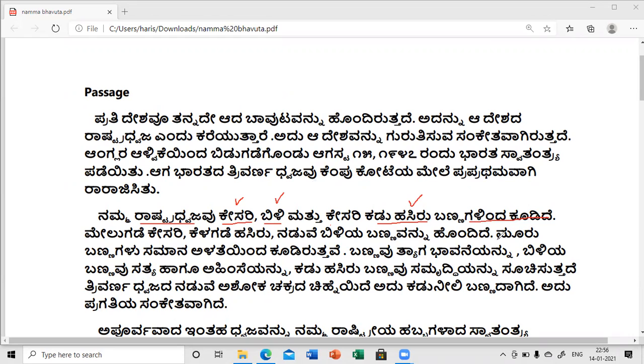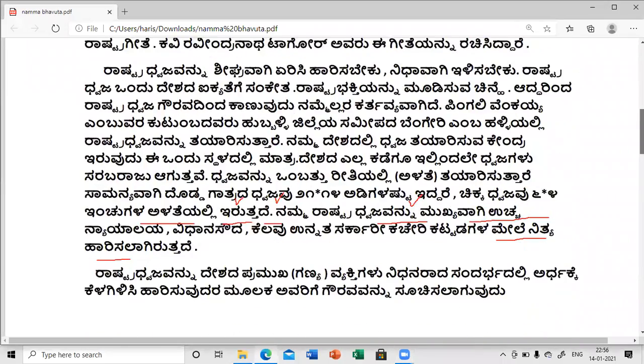And in order to justify your answer, you have some more source that can tell you that the answer is three. ಮೂರು ಬಣ್ಣಗಳು ಸಮಾನ ಅಳತೆಯಿಂದ ಕೂಡಿರುತ್ತವೆ. So that means it is only three as the answer that we need to select.